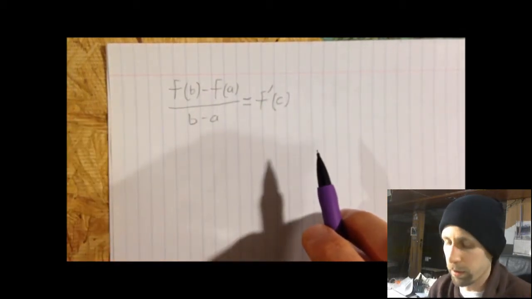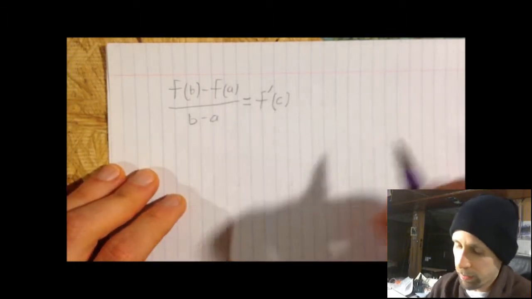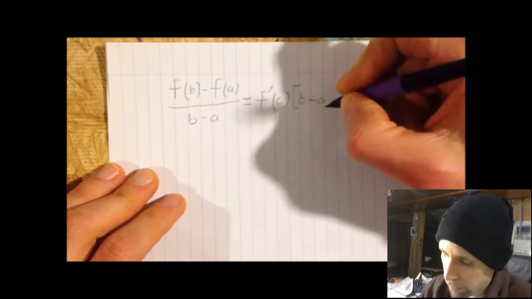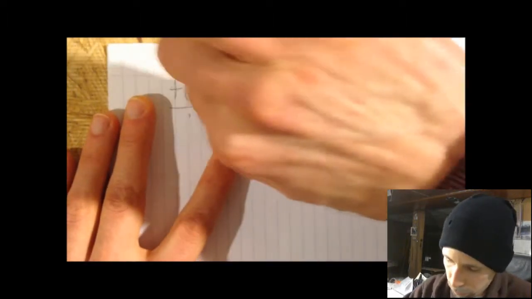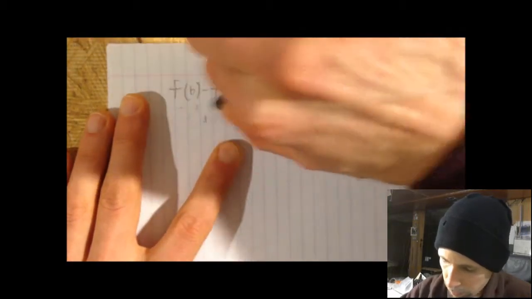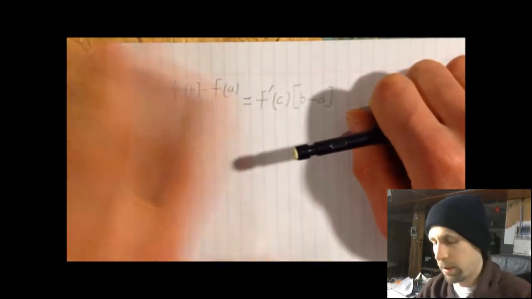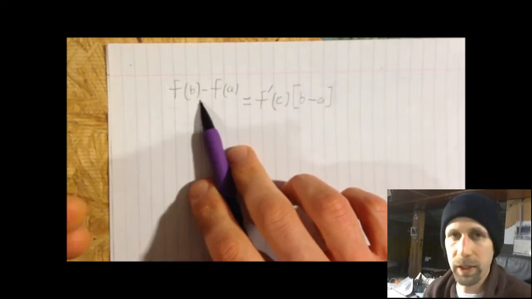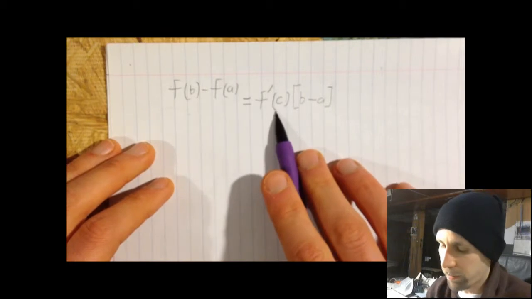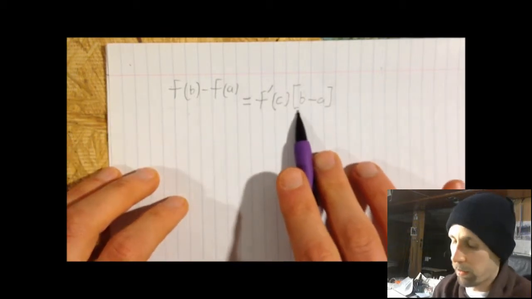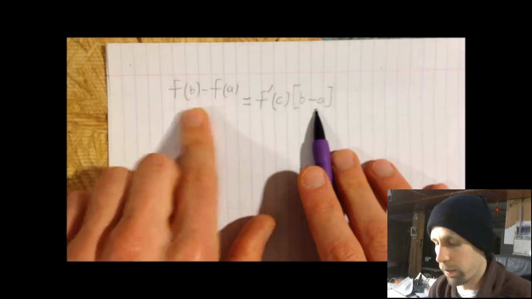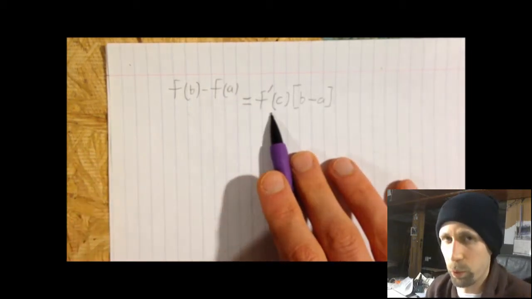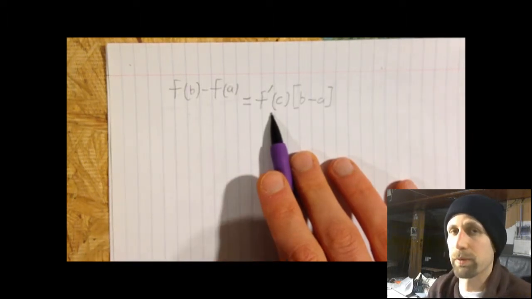We can twist this around a little bit. If I bring this to the other side, we get a slightly different version of this. Pull the b minus a over. Another way to look at it is that the difference in the original function can be represented by the length of the interval, b minus a, multiplied by the value of the derivative of that function at some specific point.